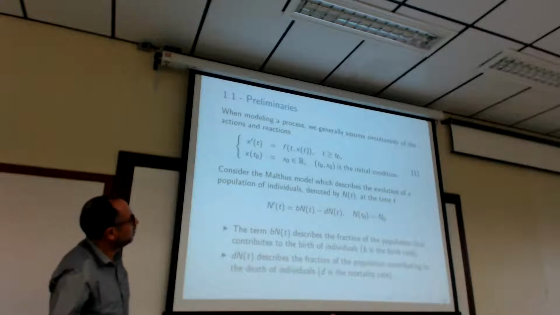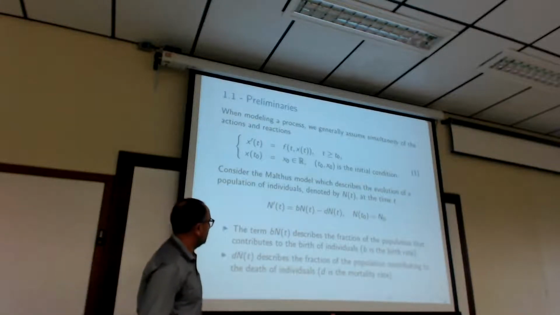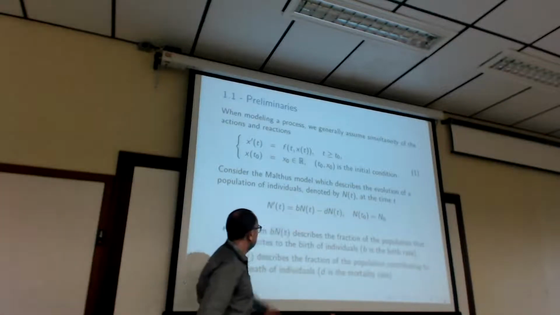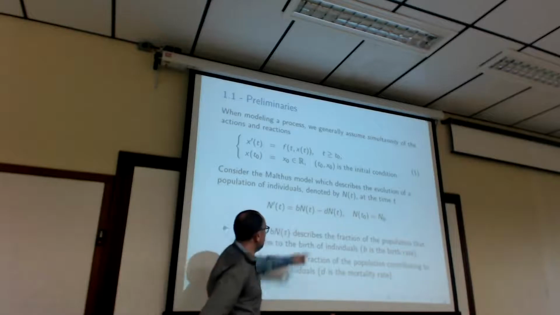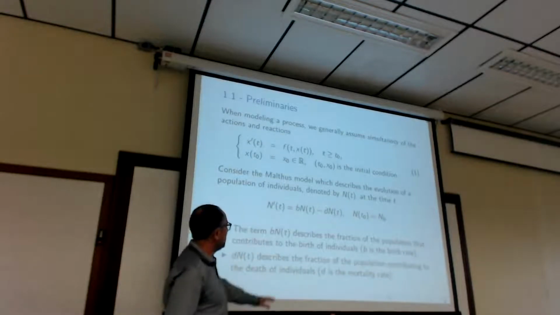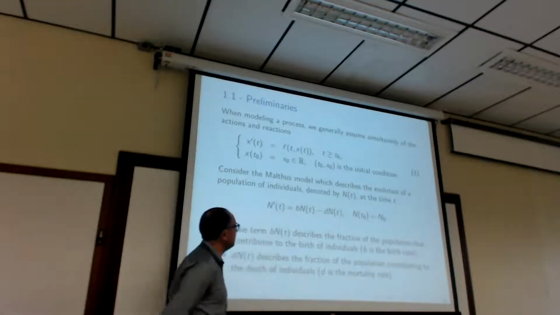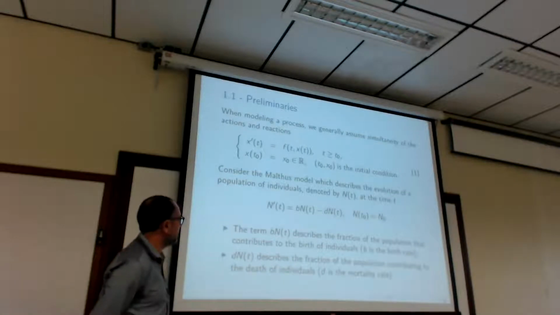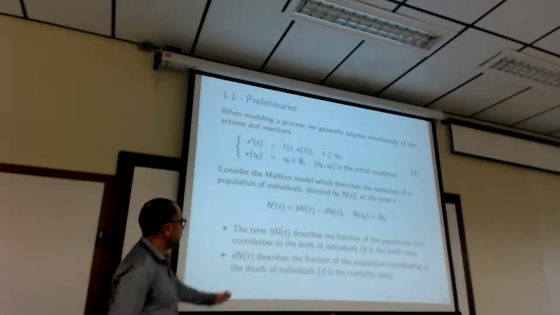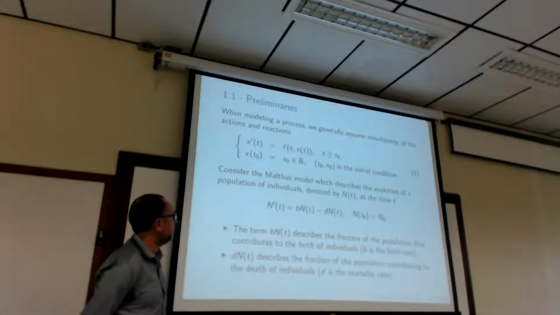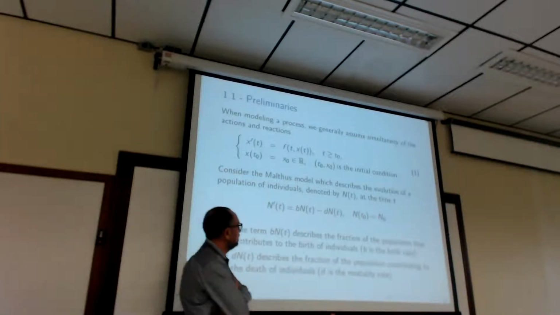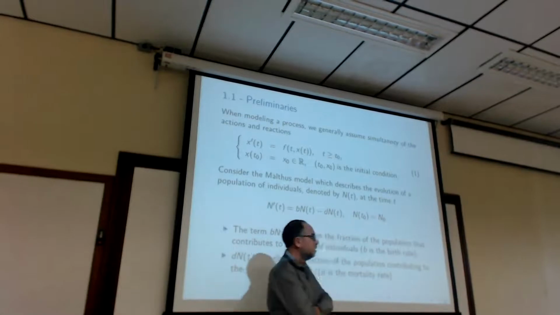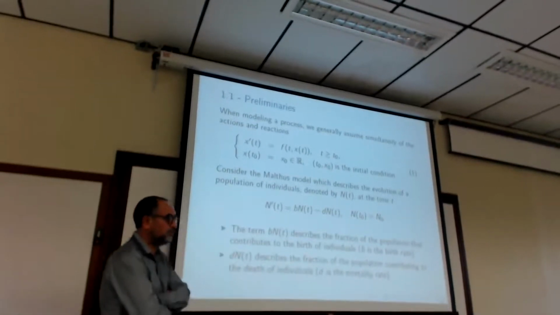If we denote by capital N(t) this population, and we consider the birth rate given by B and the mortality rate given by D, and we consider this simple process, we obtain this simple ordinary differential equation.